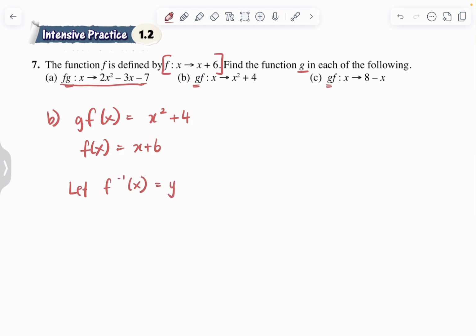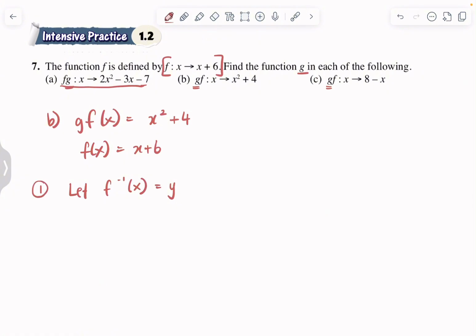This is the first step of finding f inverse. So f(y) will equal x. How did I get here? F inverse, you imagine, you bring it over this side, so it will become f(y) equals x. So if f(x) is x plus 6, f(y) will be y plus 6.